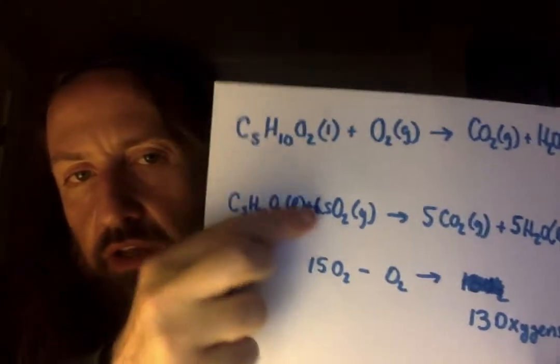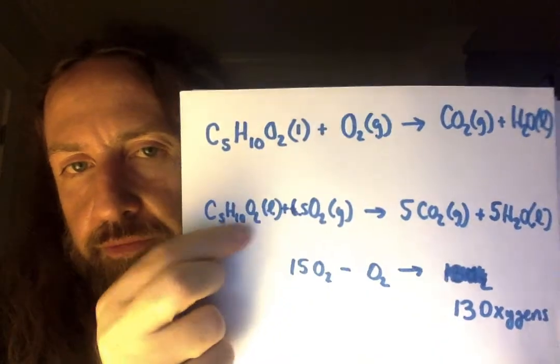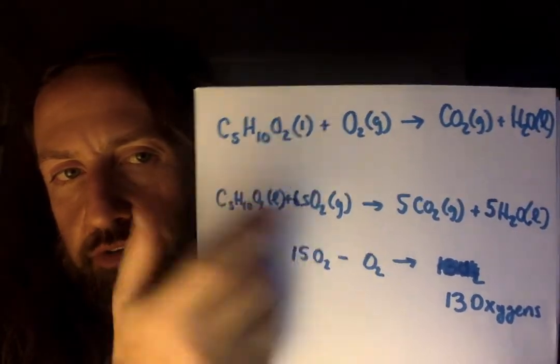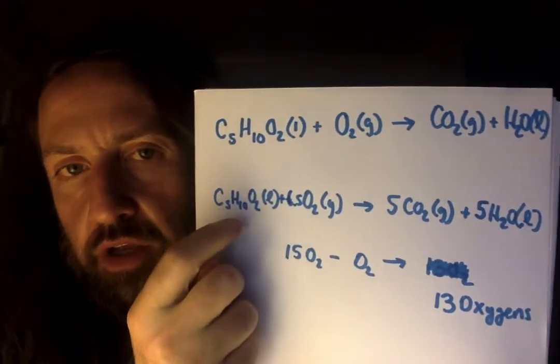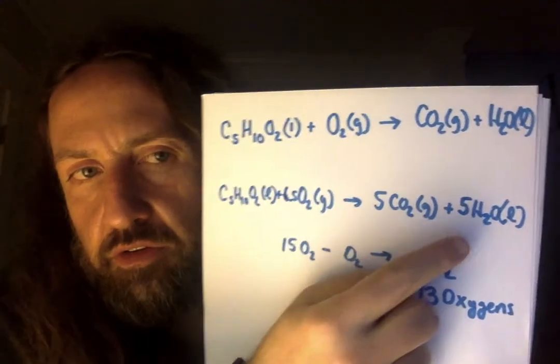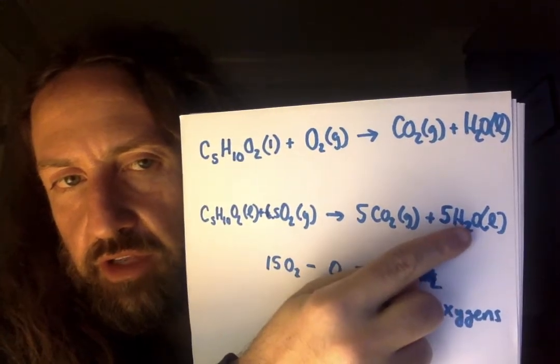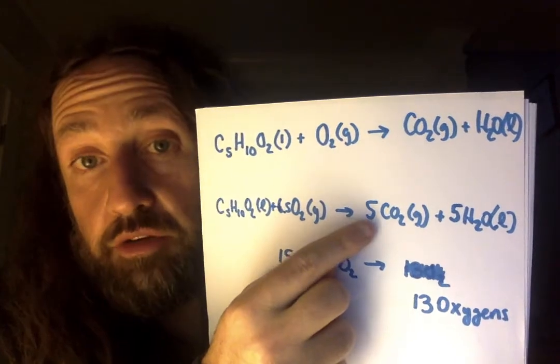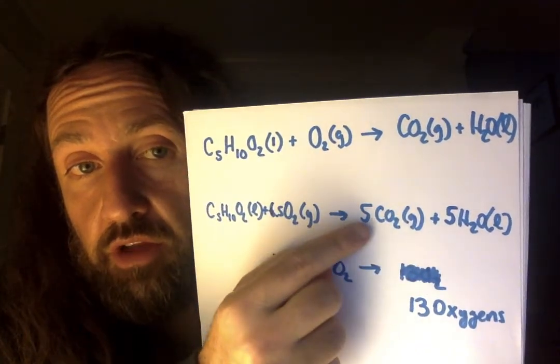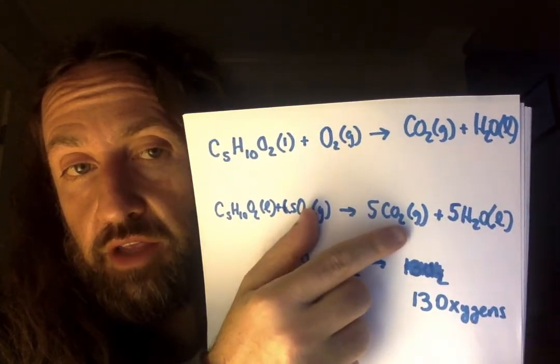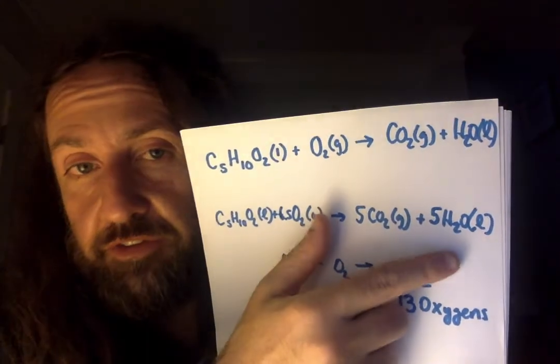6.5, okay? So you see here, now we've got a balanced equation because we have 5 carbons, 10 hydrogens. 5 times 2 is 10 hydrogens. Now I'm going to go backwards on the oxygen. 5 times 2 is 10 oxygen plus 5 is 15.